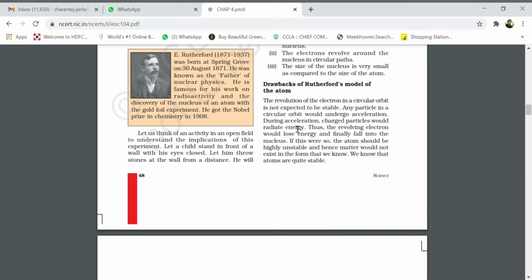So if the electrons were revolving around the nucleus, they would undergo acceleration, lose their energy and fall into the nucleus. Then any matter would not be stable, it would disappear in some amount of time.